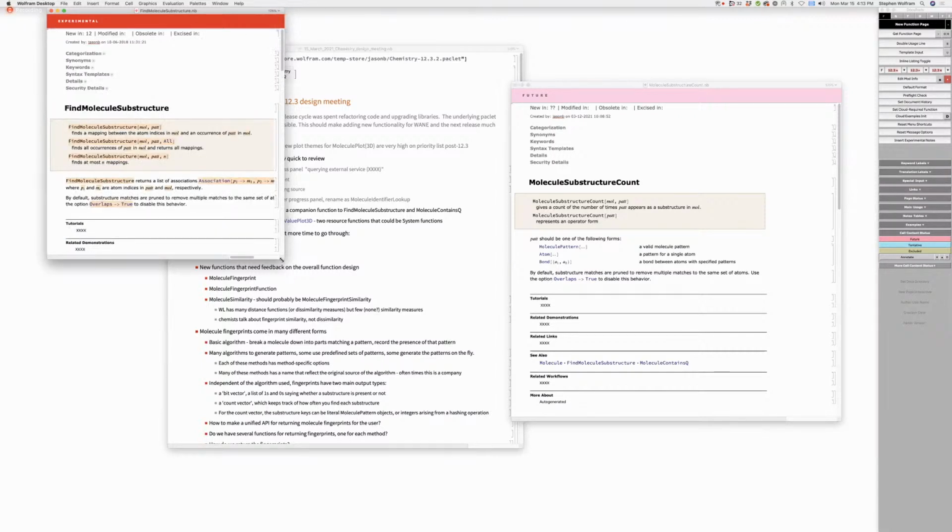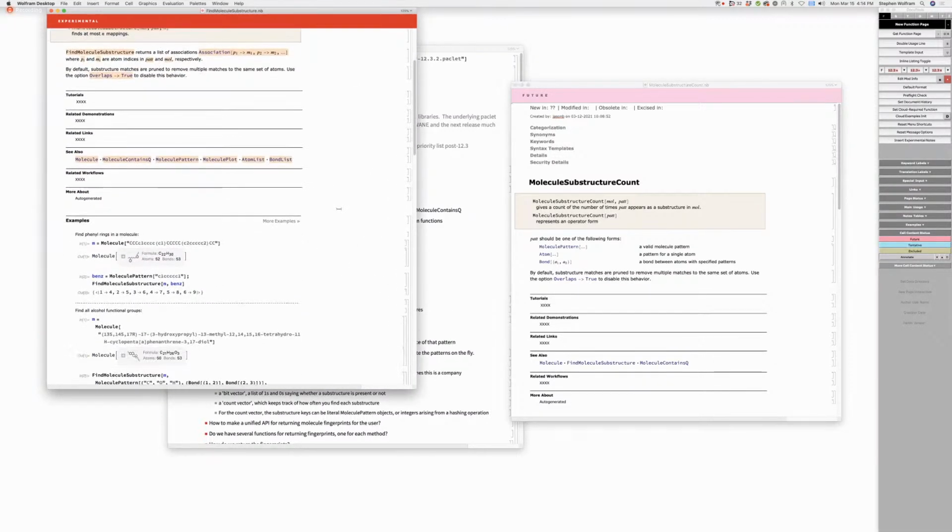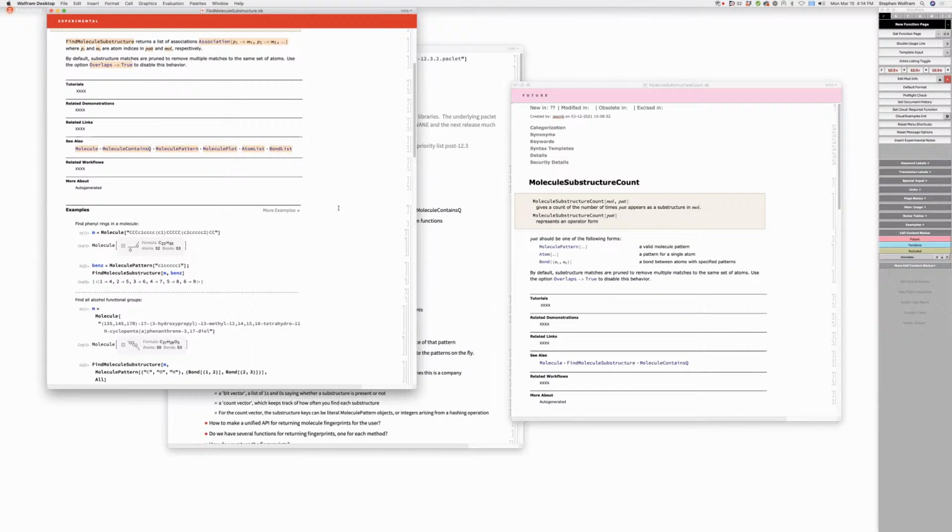Yeah, I hadn't thought of that, so I just based it off of FindGraphIsomorphism when we were designing that. I think the reason it's called FindGraphIsomorphism is because it may fail. Can your FindMoleculeSubstructure fail? Yes, if it's not there. No. So it returns an empty list.